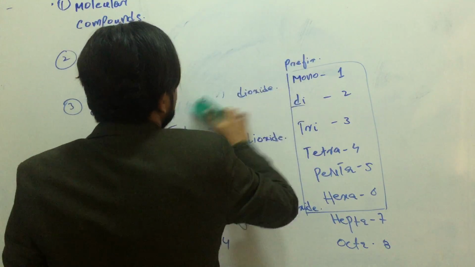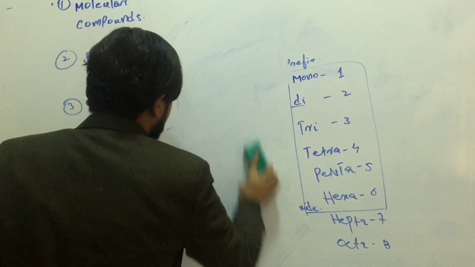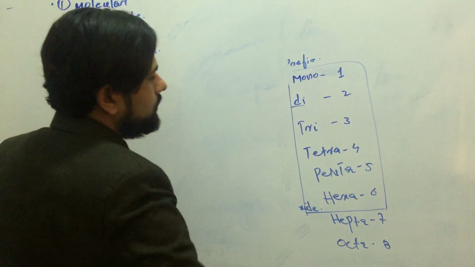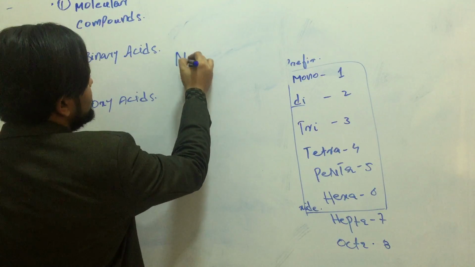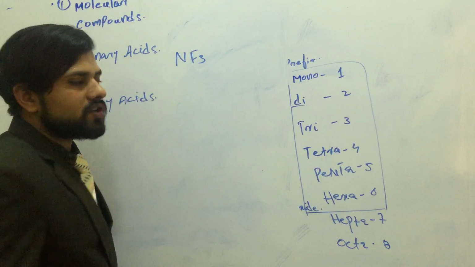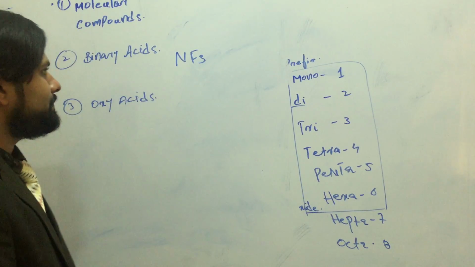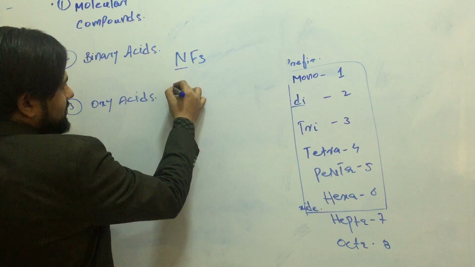Now let me give you some compounds for your practice, and I hope you are able to answer them. I'm going to keep that table right over here for your assistance. Let me give you NF3. Pause the video for 20 seconds. Try to name it. Alright, the answer is, the first is nitrogen.